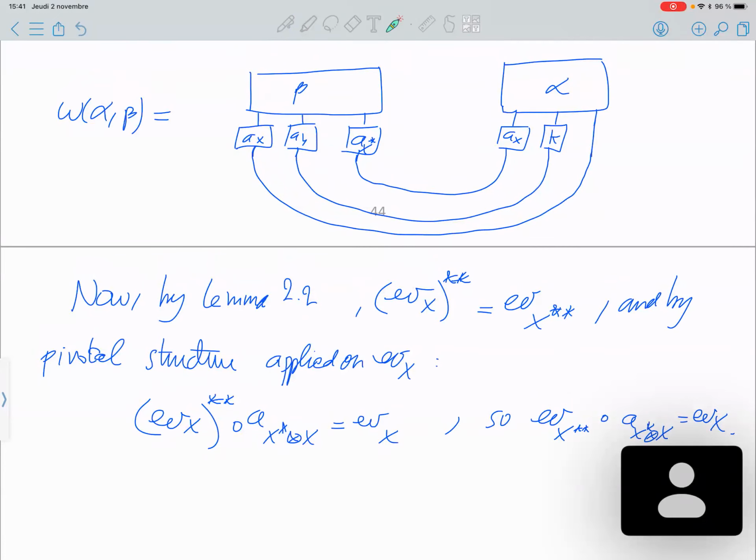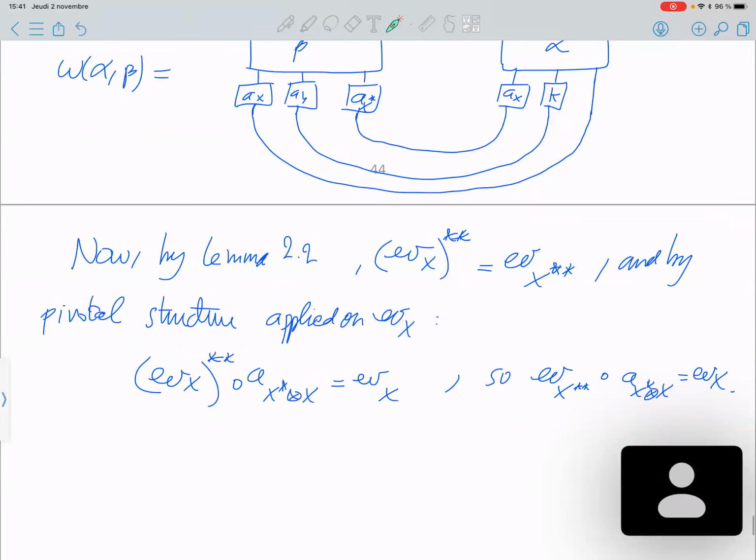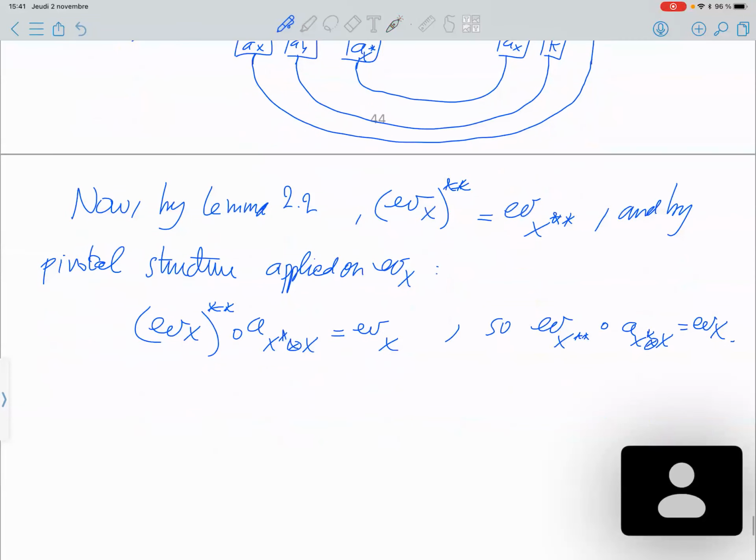I guess this one can be deleted because this is evaluation map of X double star. So you can replace everything here by just like that. That's a good first step, but it's not enough.